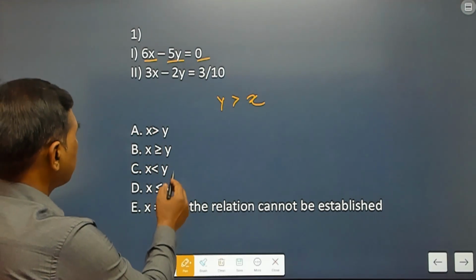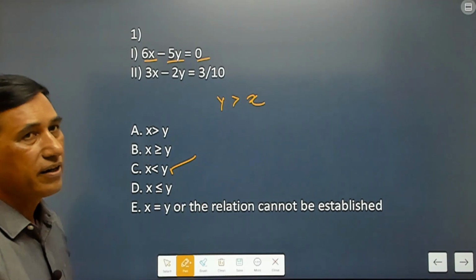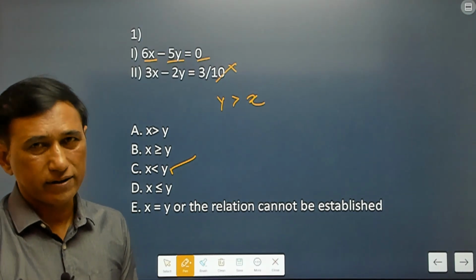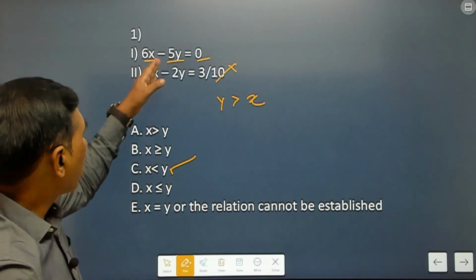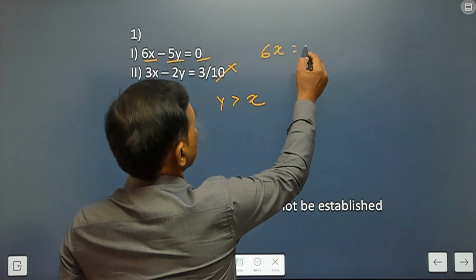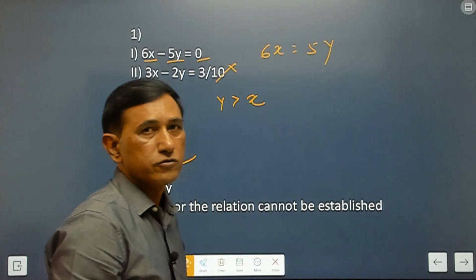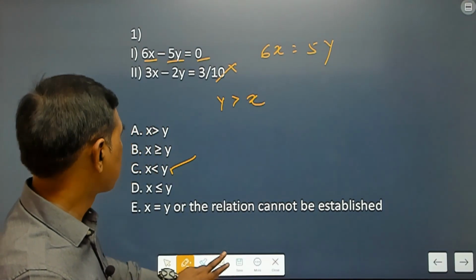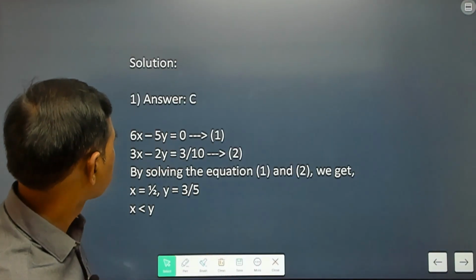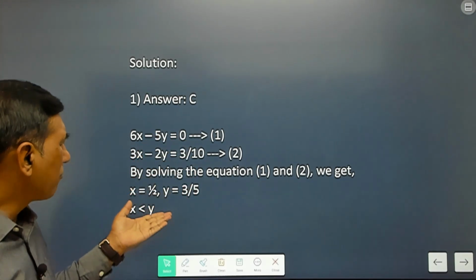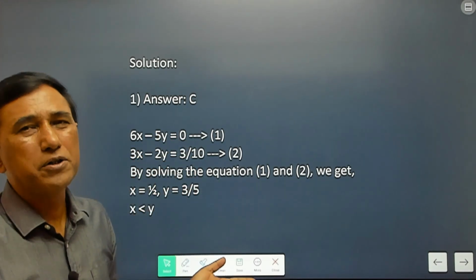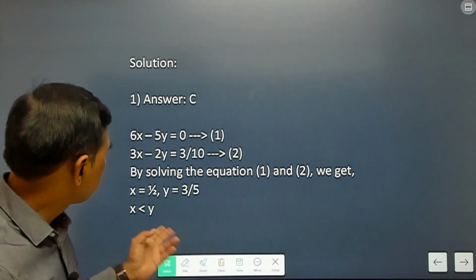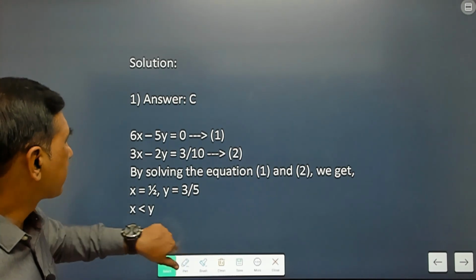You don't have to use this one also. Because here 6x is equal to 5y, so y has to be greater. Having solved here, they have calculated the value, but you don't have to find the value. You have to simply say which one is bigger. So y is greater than x.